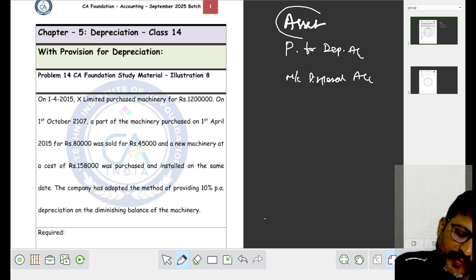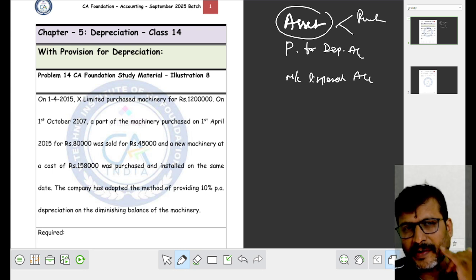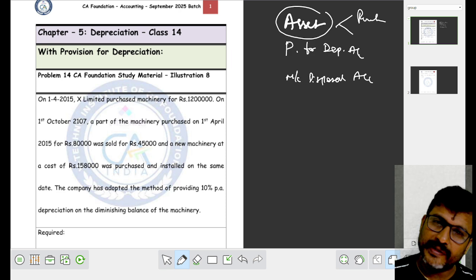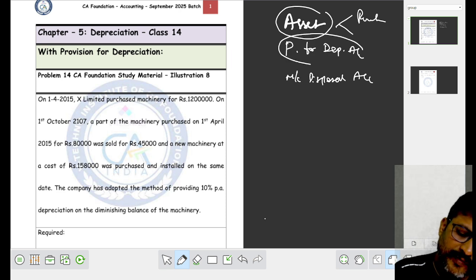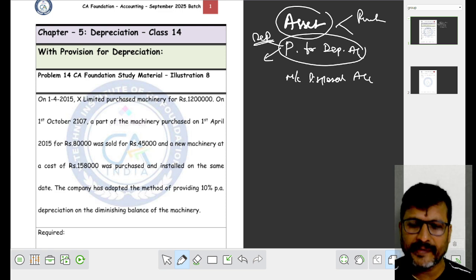In the asset account we have to record only the purchase and the sale value. When we are selling, we have to reverse it. In provision for depreciation we have to record the depreciation. In the year of sale the depreciation is to be reversed.